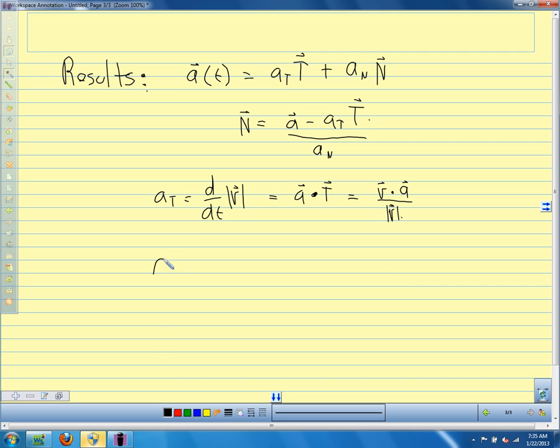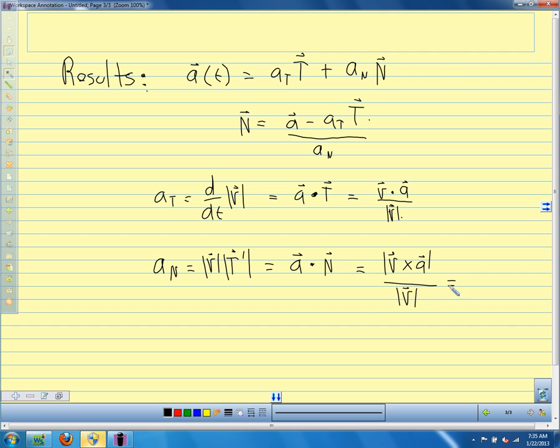A sub n, our normal component of acceleration, from just taking derivatives, is the speed times the magnitude of t prime. This is our acceleration dot n, and this is the magnitude of v cross a over the magnitude of v.